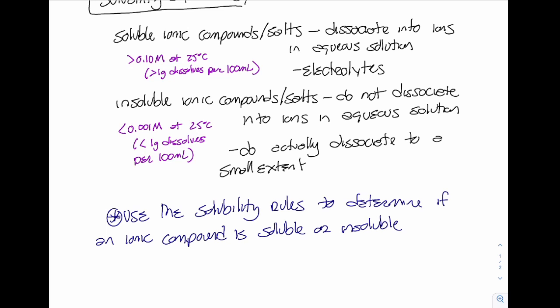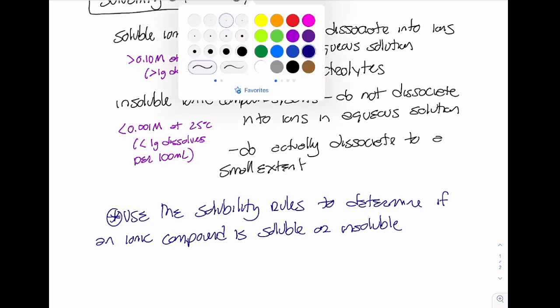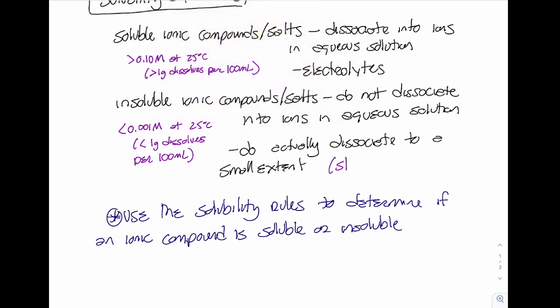And again, we're using the word insoluble, but we do mean slightly soluble. We could actually add that. These are going to be slightly soluble ionic compounds. So our insoluble ones, right, we're essentially saying, well, they're actually slightly soluble.